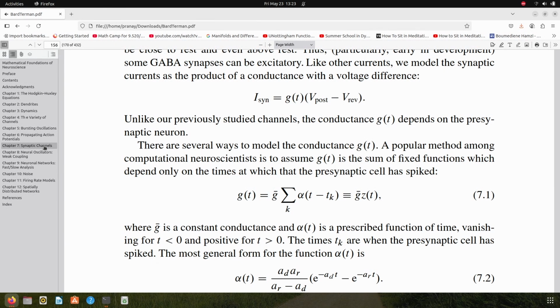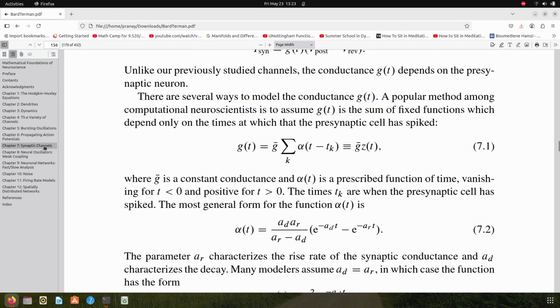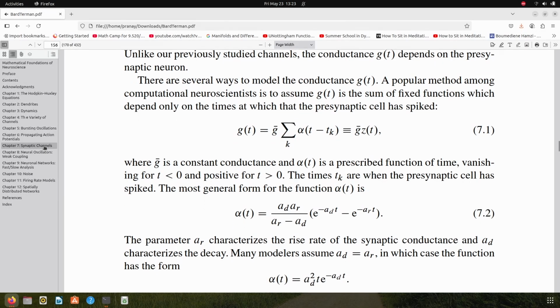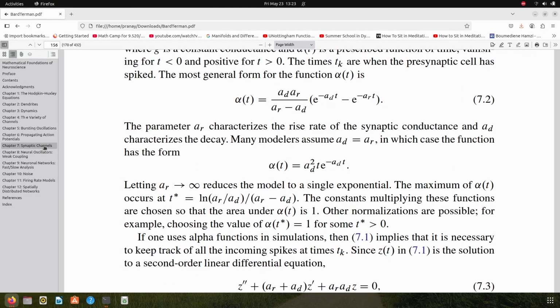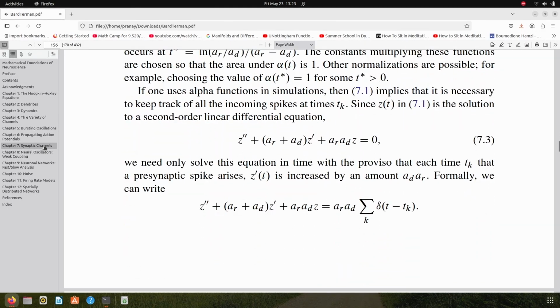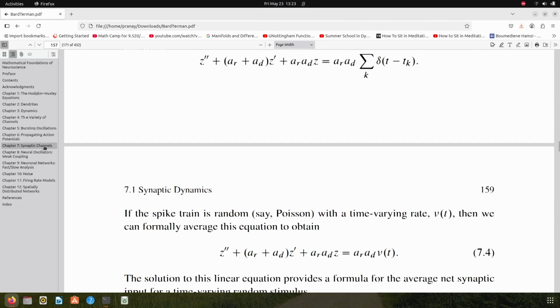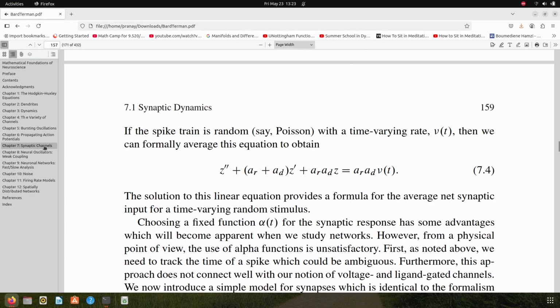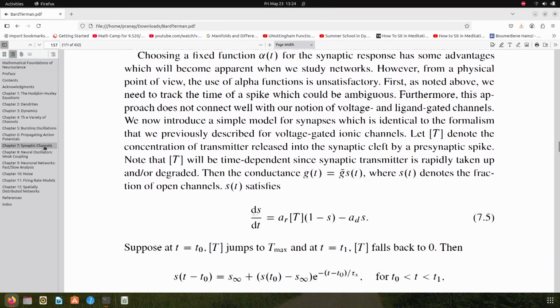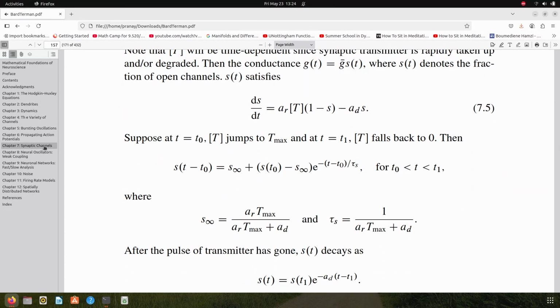This is the reversal potential of the synapse, this is the V post. I am going to skip through all of this, you can read it, but I think it is best done if you first read ahead and then come back to understanding what this is. If you try to go through this, you will stop there. At least I find it difficult. I already know what is going on, so I can read it, but I think it is very difficult from a teaching perspective to go through equation 7.4 first, because the real equation I need is 7.5.